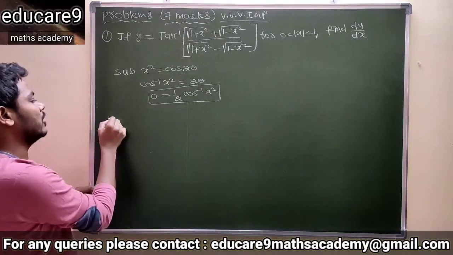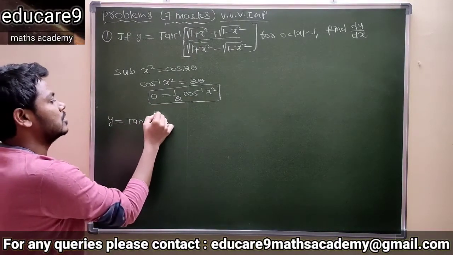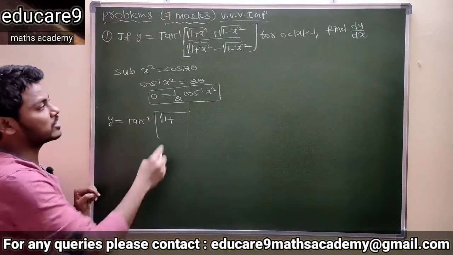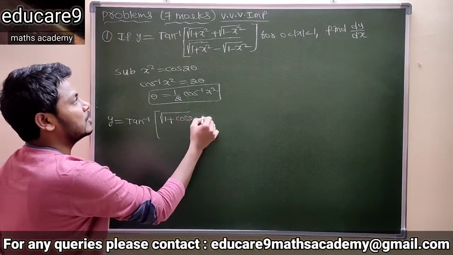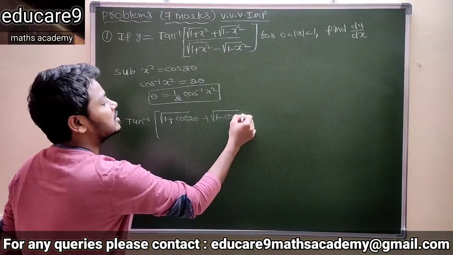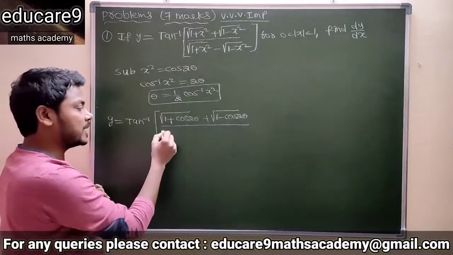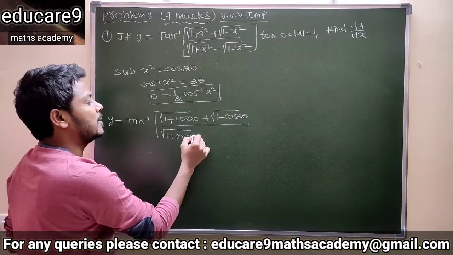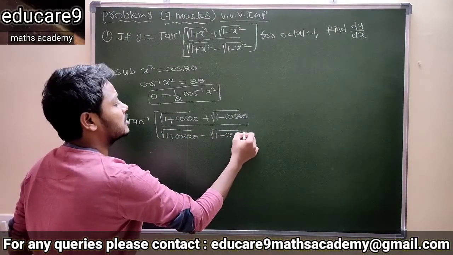Now the given value of y is equal to tan inverse of (square root of 1 plus cos 2 theta plus square root of 1 minus cos 2 theta) divided by (square root of 1 plus cos 2 theta minus square root of 1 minus cos 2 theta).